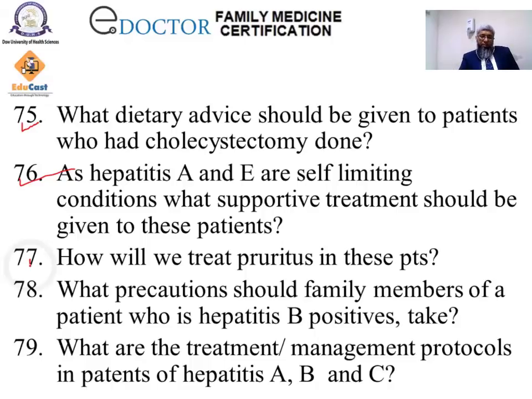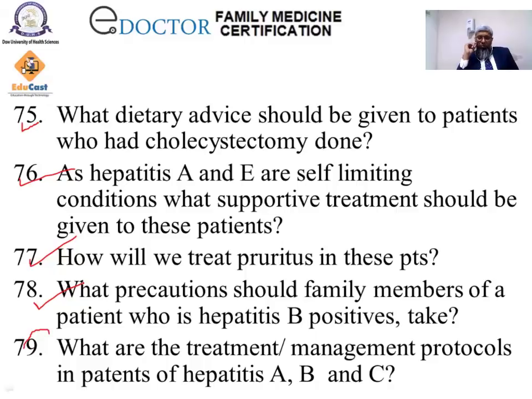Question number 77, how will we treat pruritus in these patients? Given your answer, use also ursodeoxycholic acid. Question number 78, what precaution should family members of a patient who is hepatitis B positive take?